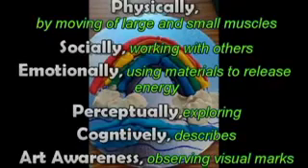Cognitively, by learning words that describe shape, size, form, comparison, and relationship, and by observing cause and effect as they manipulate the modeling materials, and art awareness by observing three-dimensional forms such as pots and vases that have been created by people from different times and places.